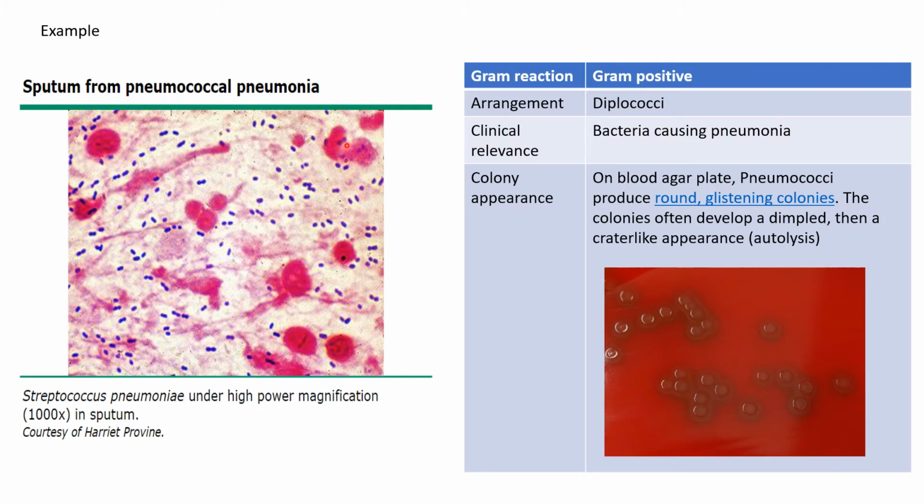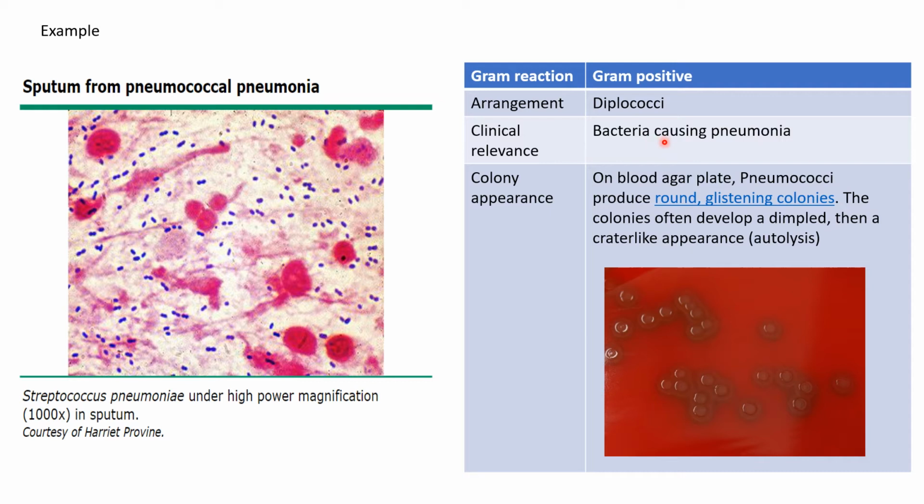First, of course, we have Streptococcus pneumoniae. Sometimes it's misleading, but Streptococcus is not chain-like; the arrangement is actually diplococci, like in pairs. It's gram-positive, and take note of the clinical relevance: bacteria causing pneumonia.